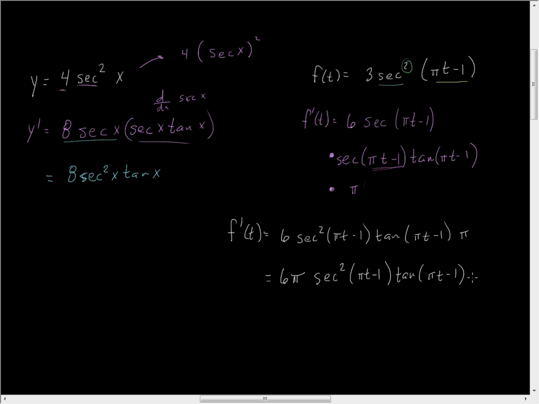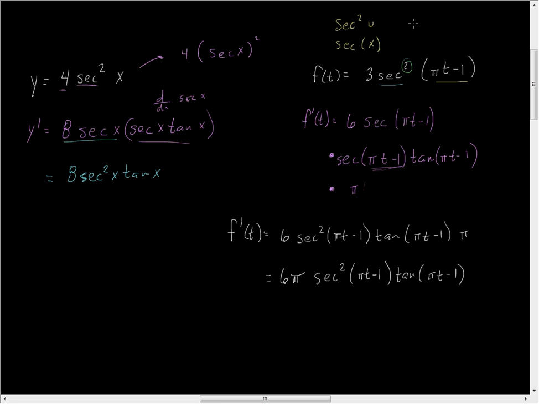Again, if you need to break it up, okay, I would choose to break it up this way. Take and make it secant squared, and I'll say of u. Then you have secant of x. Then you have pi t minus 1.